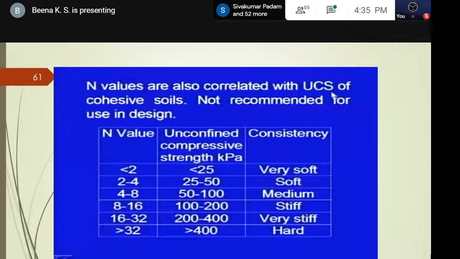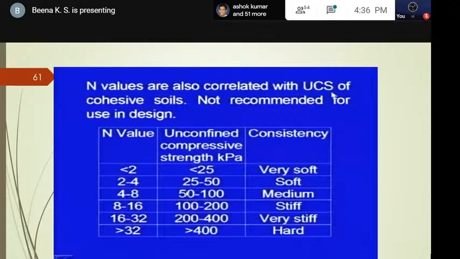Then this is the classification for clay soil, but as we said earlier, the SPT values are not directly taken for clay soils. When the N value is less than 2, the UCC value is less than 25 and the soil is very soft.